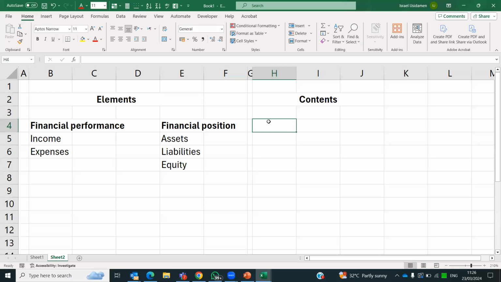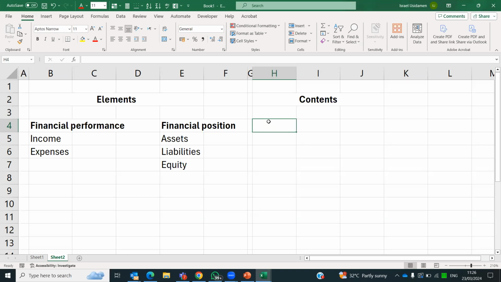While income, expenses, assets, liabilities, and equity can be found in the financial statement, when they say content, those are not really the content. Elements are the building blocks. What built that financial statement? But content are then the different statements that you will find in the financial statement. They mentioned a few. I'll just arrange it.